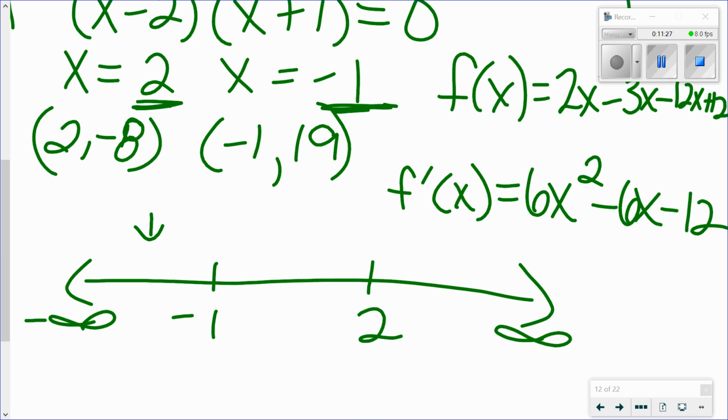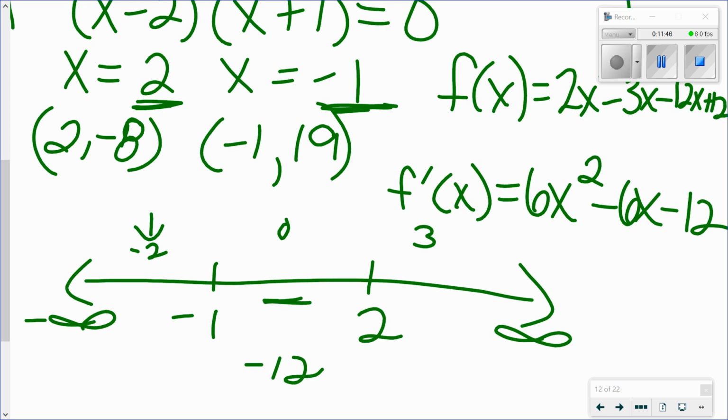Okay, so let's see, maybe -2 would work. Number in between would be 0, and a number bigger, maybe 3. All right, well, 0 is real easy. We know that the answer there is going to be -12. So in this section, we have negative tangent lines. Let's see what happens over here.